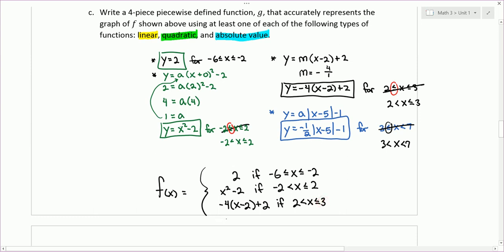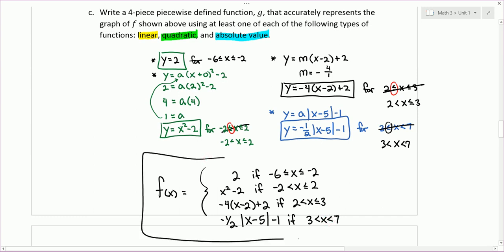And then the last piece, y is equal to -1/2 absolute value of x minus 5 minus 1 if x is greater than 3 but less than 7.